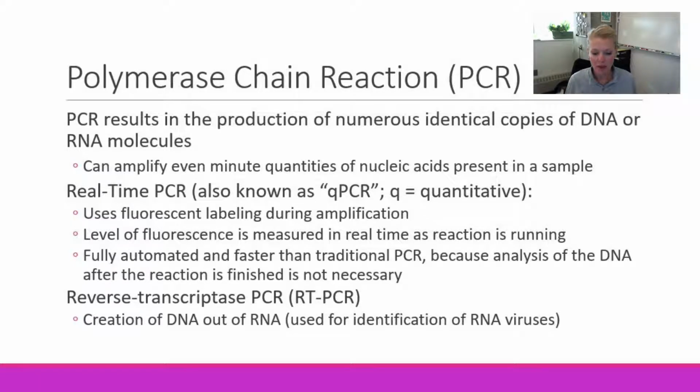And then those copies can either be run out on a gel, and you can look at their banding pattern, or they can be analyzed by fluorescence and watching the numbers of copies increase through what's called real-time PCR or quantitative PCR.